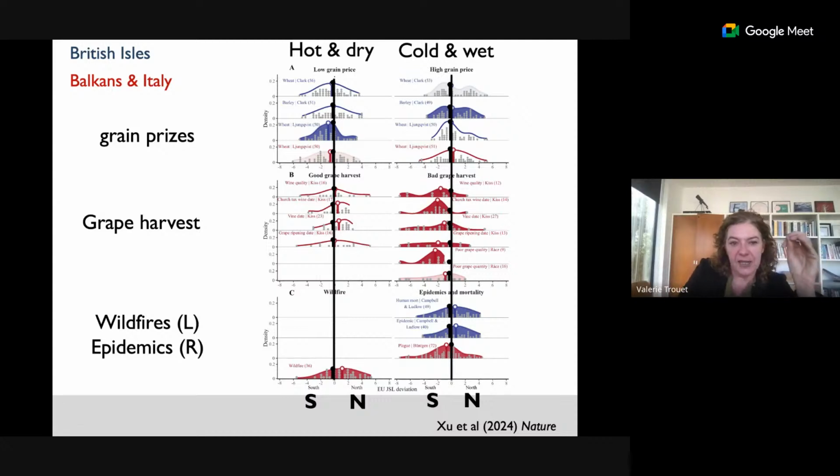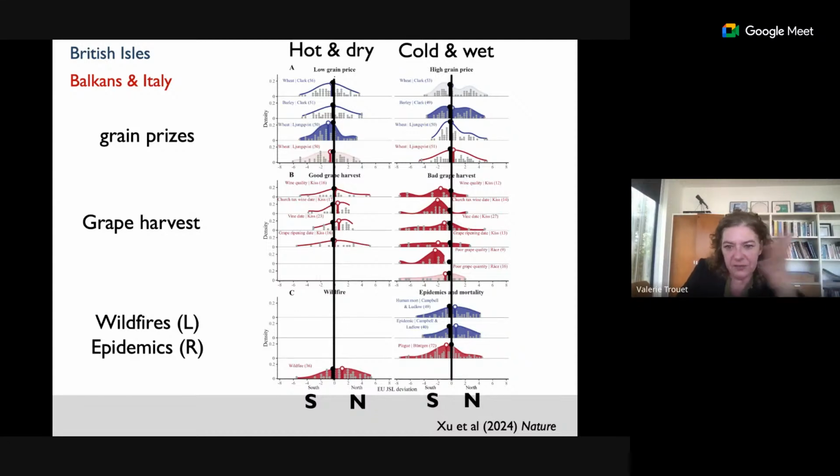And then we looked at grain prices on the top, grape harvest in the middle, and then wildfire and epidemics in the bottom row. And for instance, grape harvest, we don't have grape harvest for the British Isles, but we do have grape harvest data for the Balkans and Italy. And you can see that bad grape harvests, which happened during cold and wet summers, consistently happened when the jet stream was in a southern position, right?